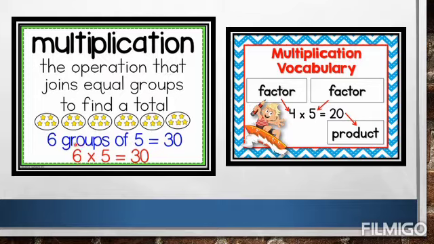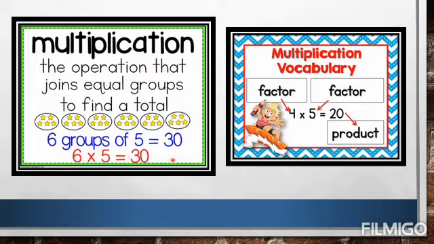This one is 6 simply because, class, there are 6 groups of stars. And in each group, class, there are 5 stars. That is why your second number here is 5.